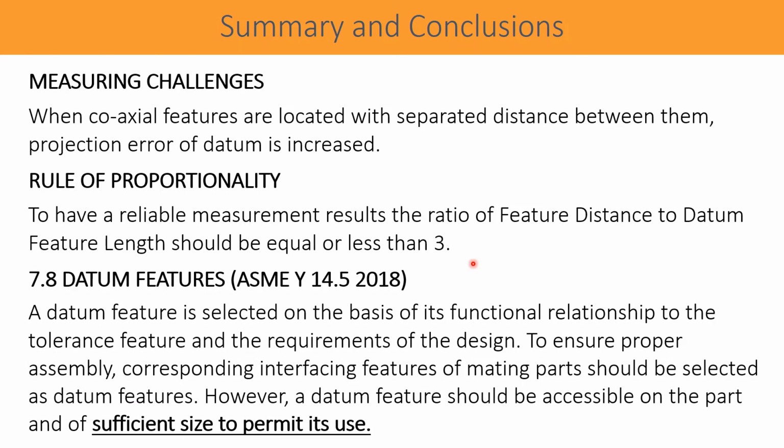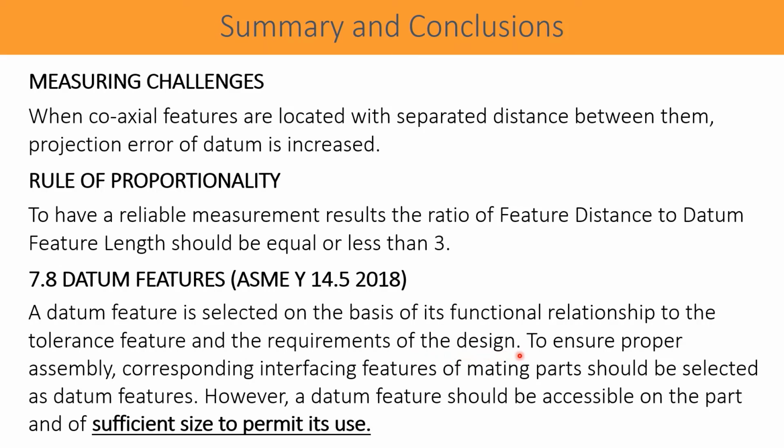According to the international standard ASME Y14.5 2018, clause number 7.8, datum features make a statement: a datum feature is selected on the basis of its functional relationship to the tolerance feature and the requirement of the design.